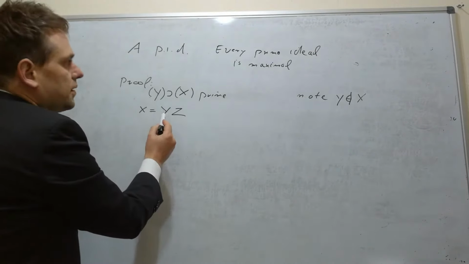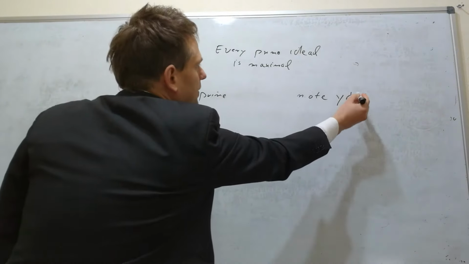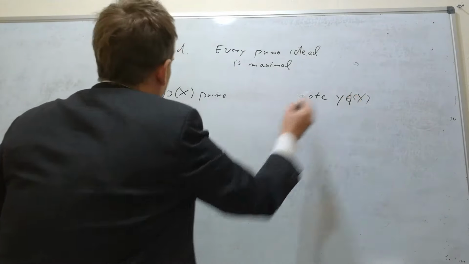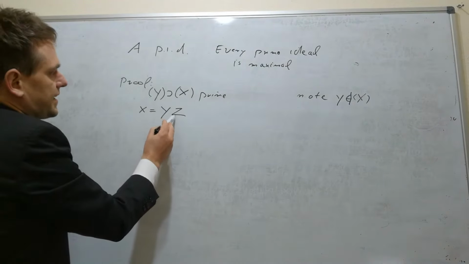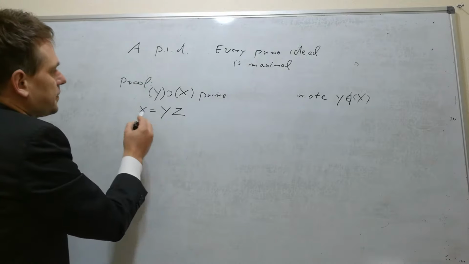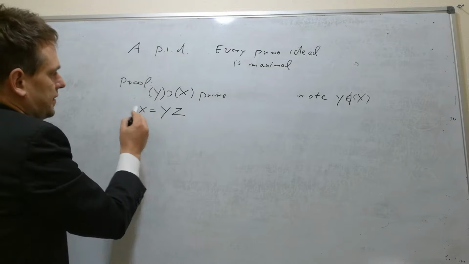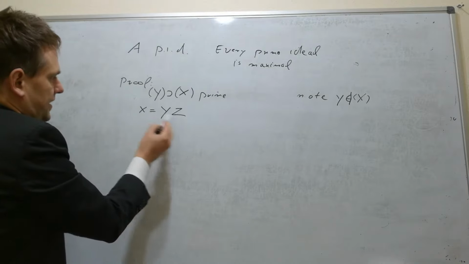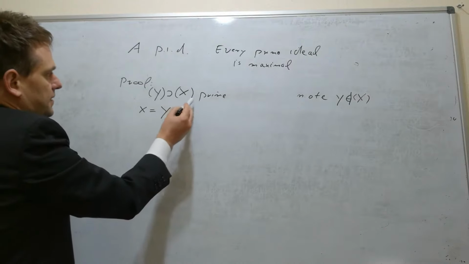And now we have just said that y is not in the ideal generated by x. This means that z has to be in the ideal generated by x, since this product is in the ideal generated by x. It is x, and the ideal generated by x is prime.